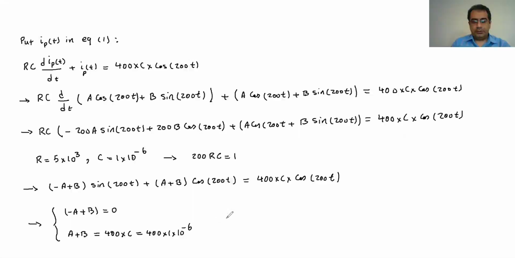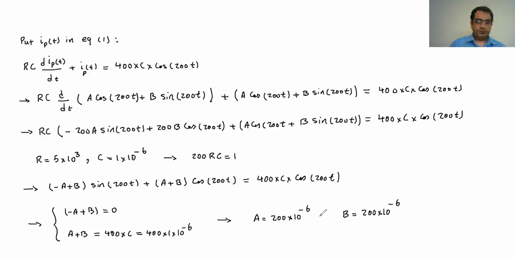If we solve these two equations at the same time, we will get A equal to 200 times 10 to the negative 6, and B would also be equal to 200 times 10 to the negative 6.